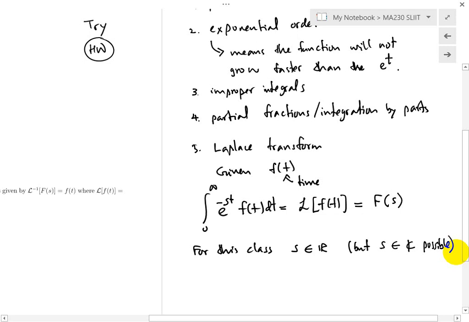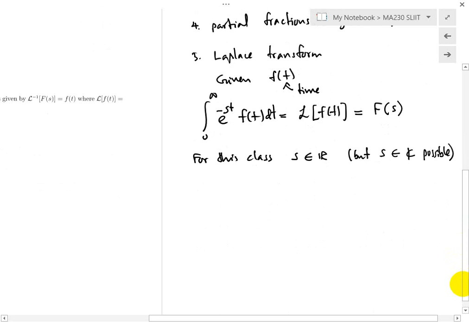I mentioned at the beginning of the class, but because this is important, let me rewrite here again.